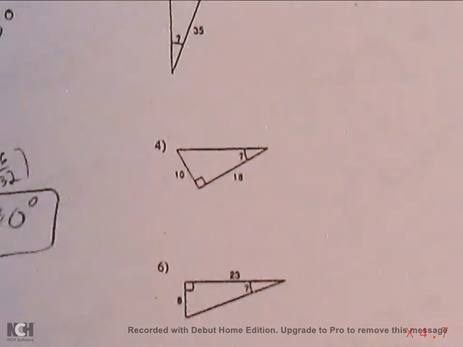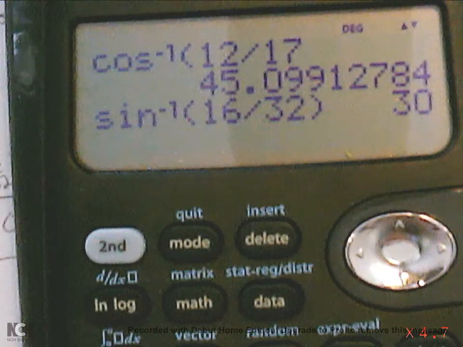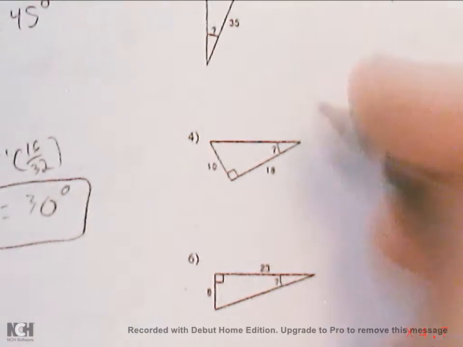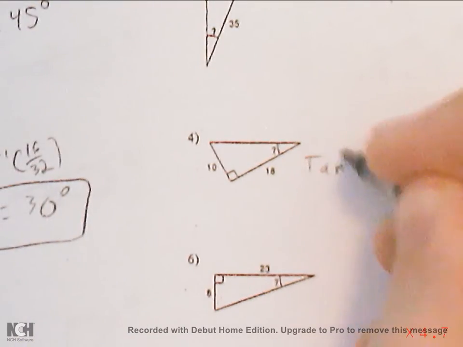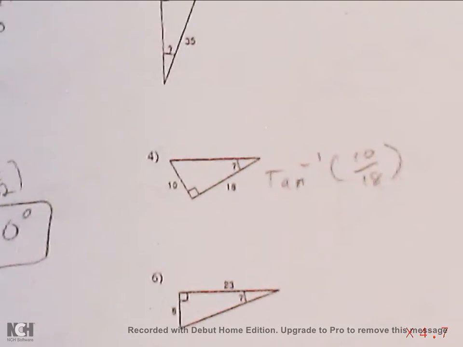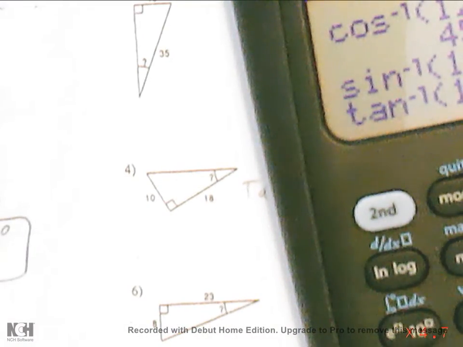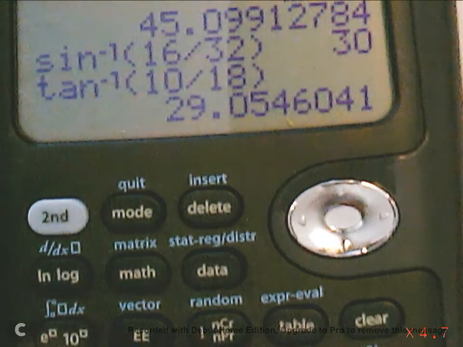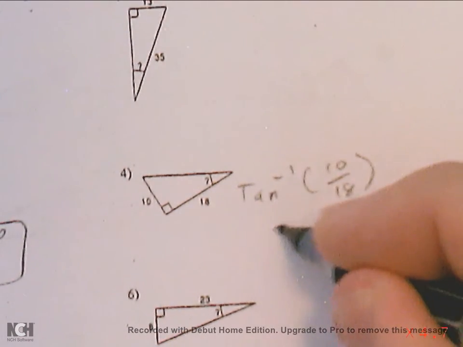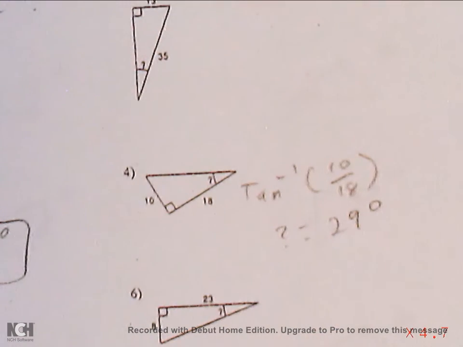I've got opposite and adjacent, so I would do the tangent inverse of 10 over 18. So 10 divided by 18 gives me 29.05. So that means the question mark would round to 29 degrees.